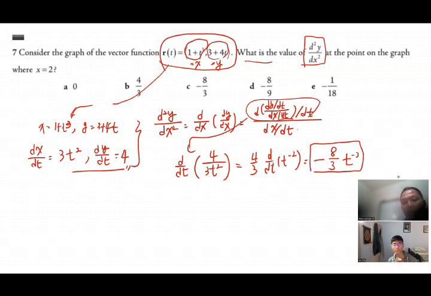That is the numerator. Second, we have to find the denominator. The denominator is pretty straightforward: 3t squared.